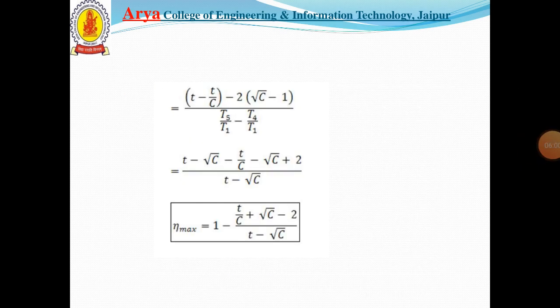Then this is equal to T minus T upon C minus 2 root of C minus 1, upon T5 upon T1 minus T4 upon T1. By putting the values, we can get eta maximum equal to 1 minus (T upon C plus root C minus 2) upon (T minus root C).